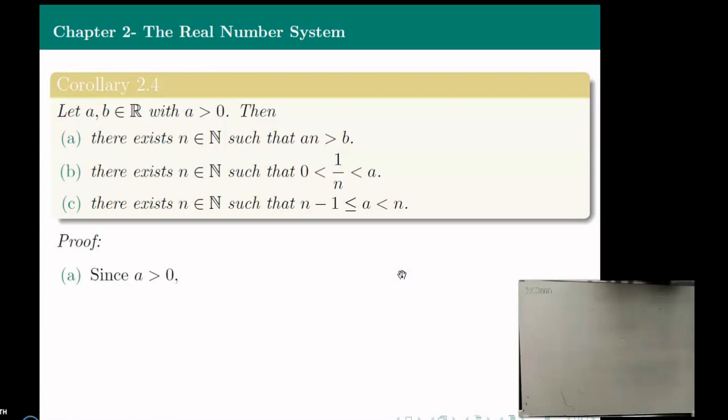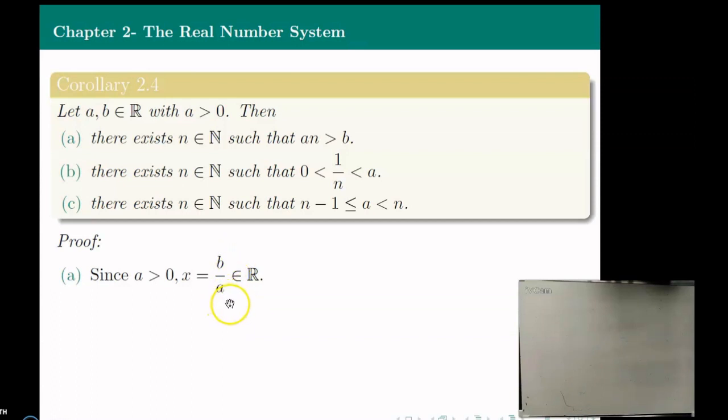Now, to prove the first statement, we are to find the existence of a natural number n such that A times n is greater than B, where A and B are real numbers and A is greater than 0. Since A is greater than 0, from our assumption, B over A is a real number.